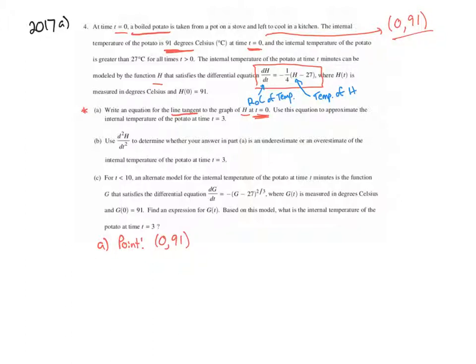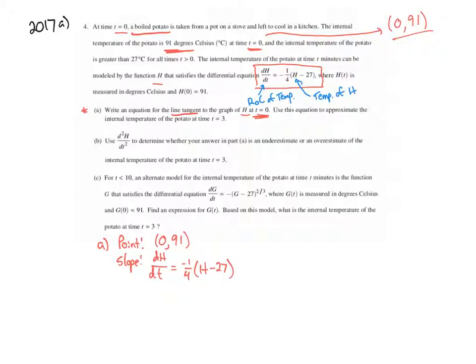The other tough thing about this problem is that in order to find the slope, we need to use our differential equation again. So dh/dt equals negative 1/4 (h minus 27).